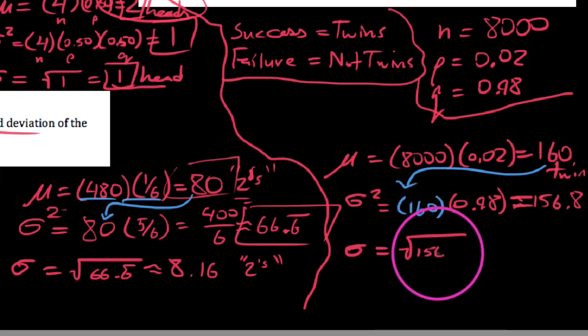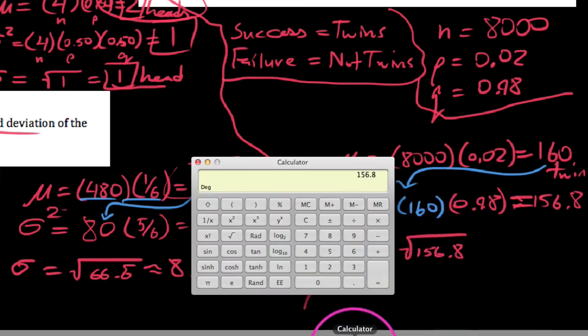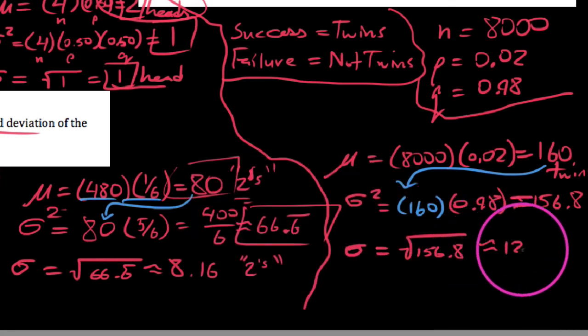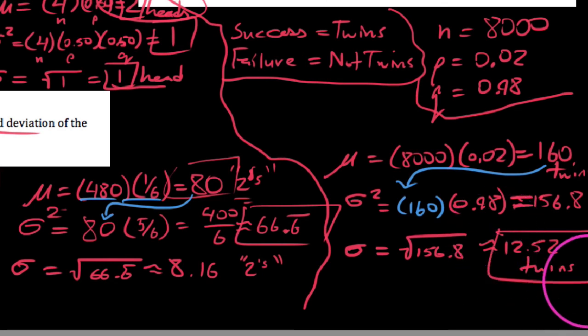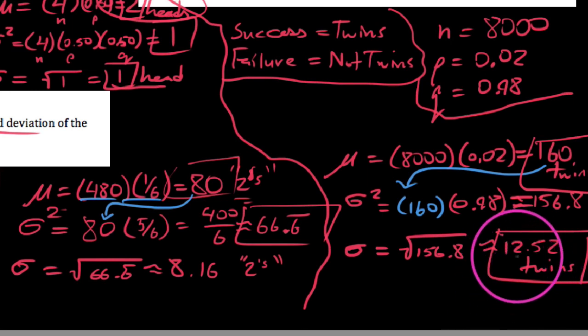So the square root of 156.8, getting our calculator back out here, square root of this is 12.52. So about 12.52 twins. So in other words, if you were to have 8,000 births at your hospital, according to the data that you've collected so far, you'd expect to see about 160 sets of twins, give or take about 12.5 sets of twins. Okay?